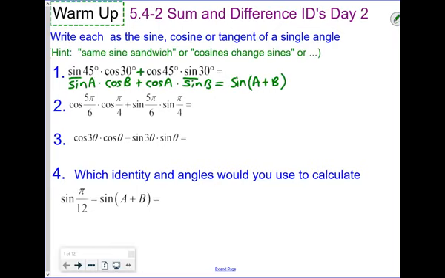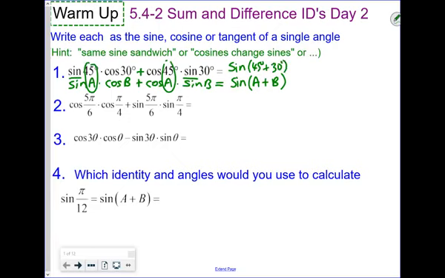So this just simplifies to the sine of, and look at it, what does our A match up with? A is 45, and our B is 30. So where I see A, I write 45, and the B is 30.